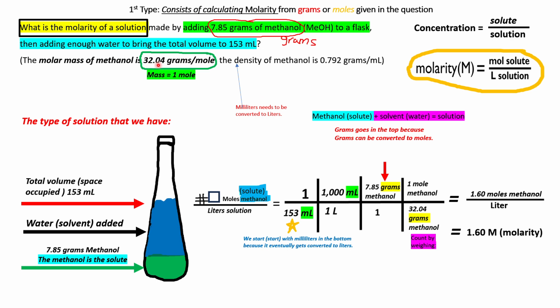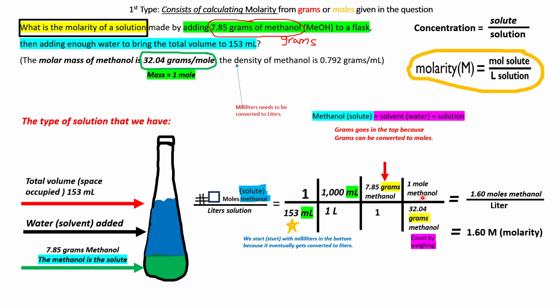Most of the time you can get it from the periodic table, but in this particular example, they're giving it to you in the problem. And then over 1 mole of methanol. And guess what? I have found what I'm looking for: moles of methanol.